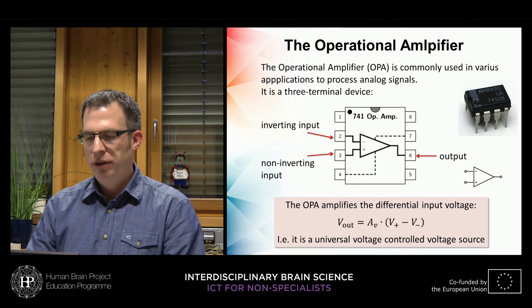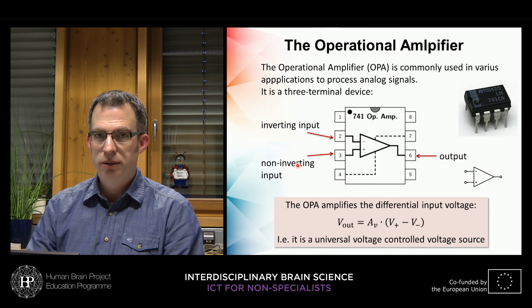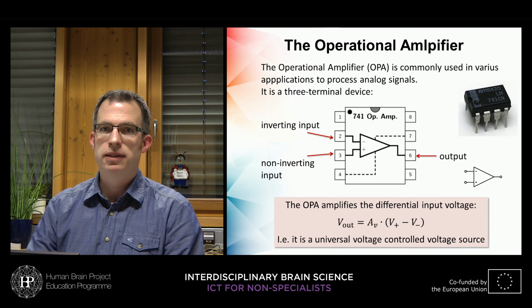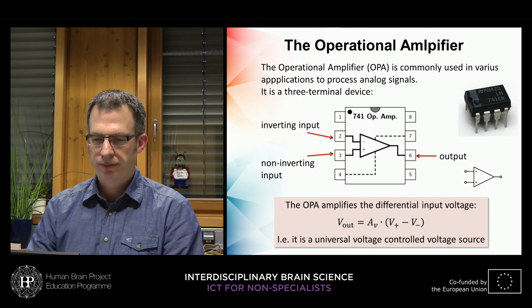And the operational amplifier in the easiest variant comes in a 6-terminal package, but actually it's only a 3-terminal device because it has an inverting input and a non-inverting input and one output. It obviously needs some power supplies which make up for the additional pins in such a package.